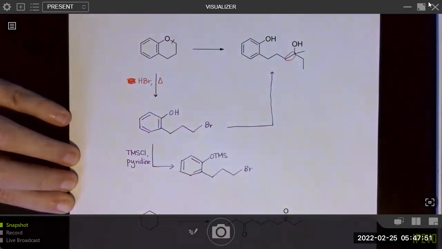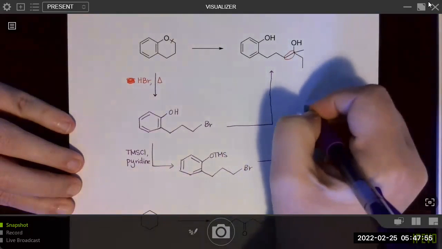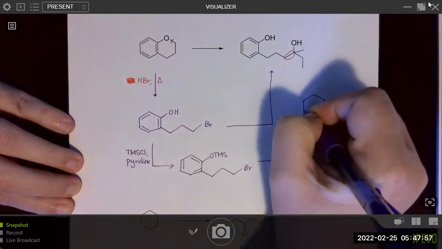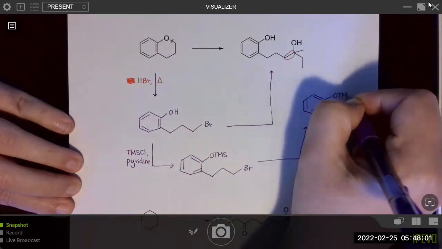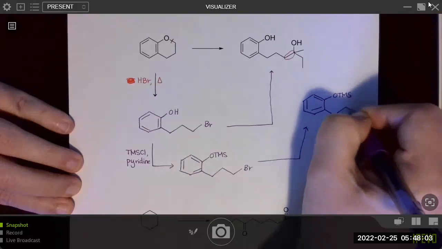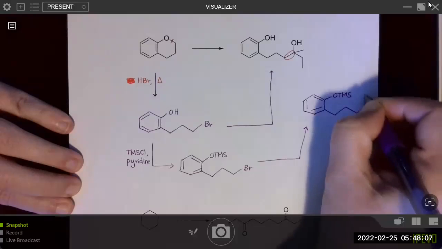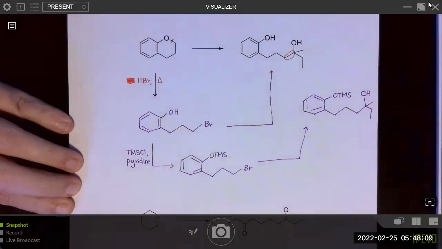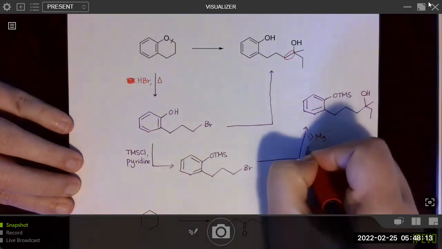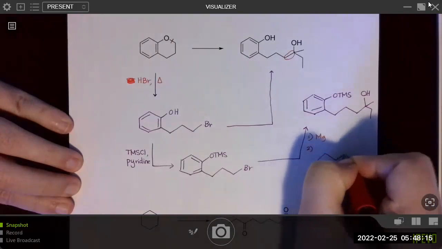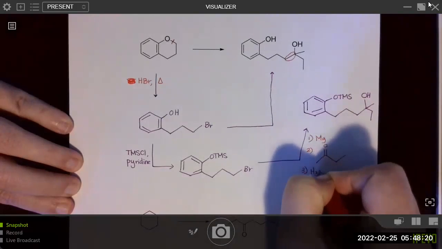Now we're set up to be able to do the Grignard reaction. And the reagents for that would be magnesium, followed by the ketone, followed by an acidic workup.